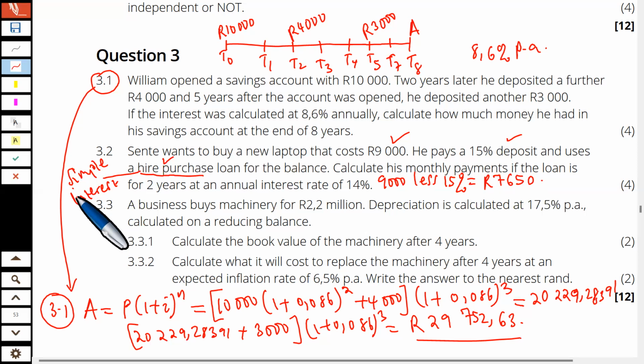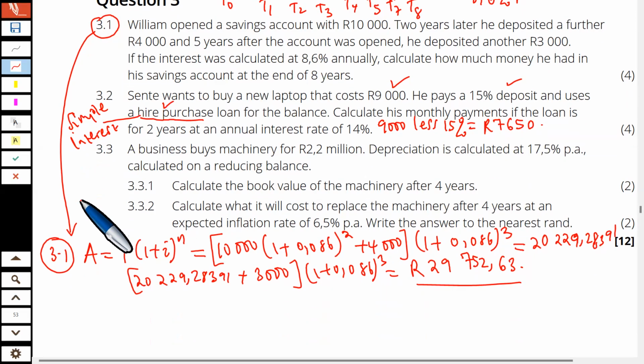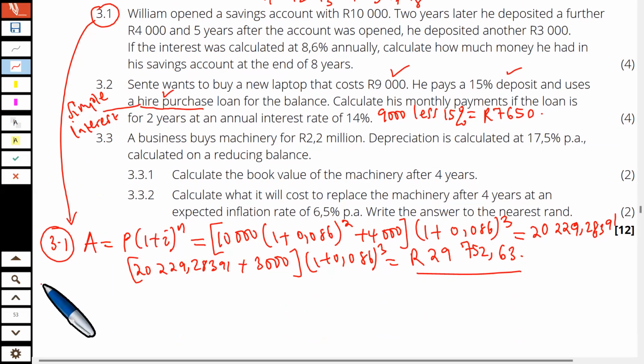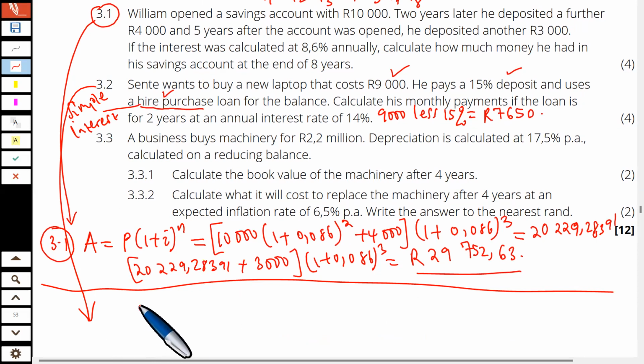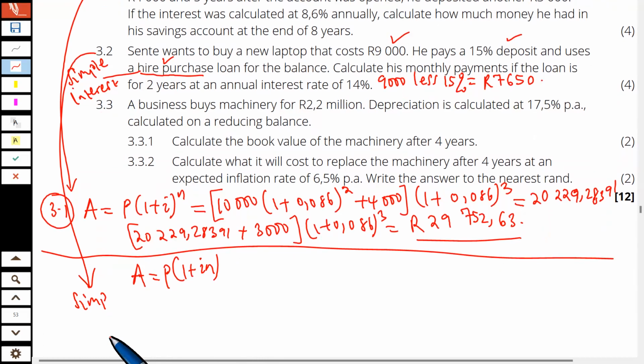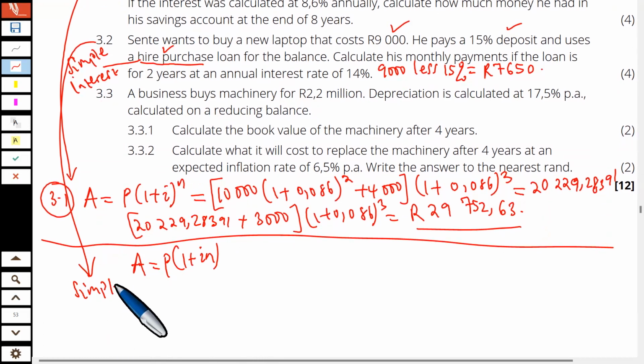So if you have the simple interest, what do we do with it? Right, so now we underline this one here. For the 3.2 part, we're going to use the formula A equals P into 1 plus in, which is the simple interest. This one is simple interest for Sente.